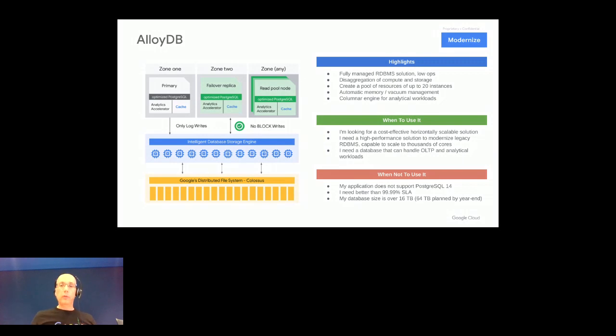But first of all, just like with Cloud SQL, it is a fully managed relational database solution, with very little operational overhead associated with managing the instance. That's essentially where the differences begin, right? Because other than having a fully managed, low-ops environment, there are quite a few differences between Cloud SQL and AlloyDB.